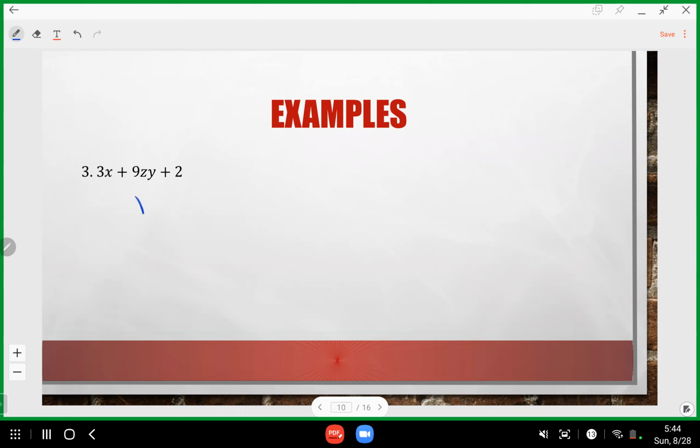This is not factorable. And what happens when it's not factorable? When it's not factorable, we can call it prime. So this expression is prime to its integers. You cannot factor it. So we call this prime. Sometimes you just cannot factor, and it's in its simplest form already, right?